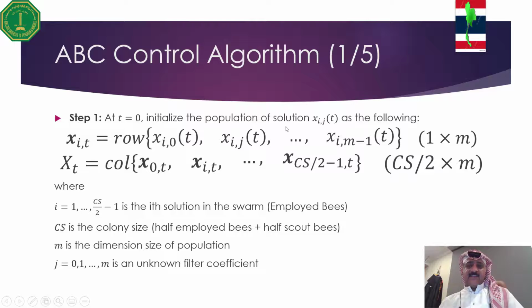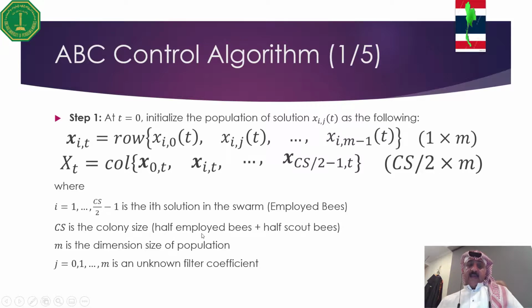Step 1, initialize the population of solutions X as the following. So this is the row vector, it's 1 times M. And each population has a column here. Each one is a row, and this is the matrix X of T. What is CS?